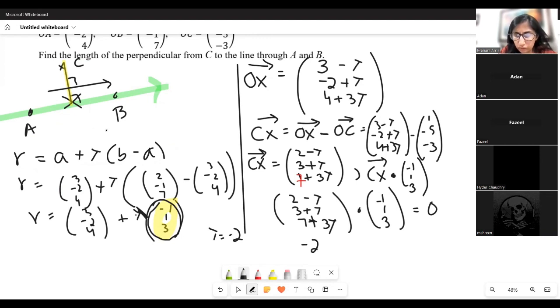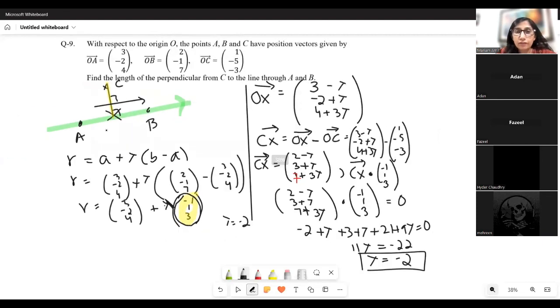So let's see, minus 2 plus lambda, then 3 plus lambda, and then 21 plus 9 lambda equals 0. 9, 10, 11. So we have 11 lambda here, and we have minus 22 here. So yes, we do get lambda equals minus 2.